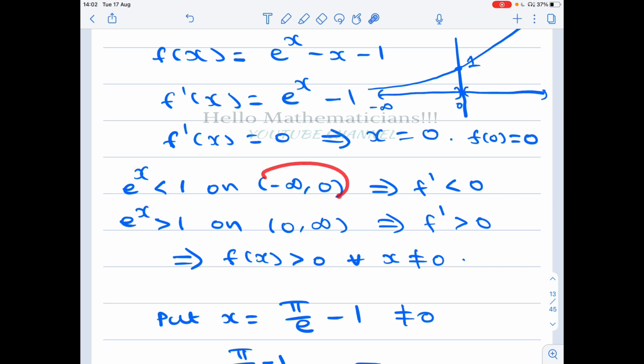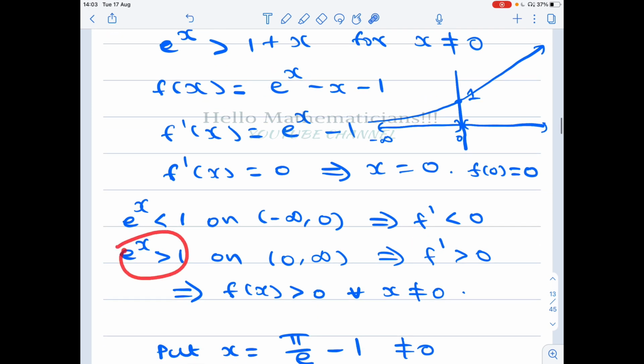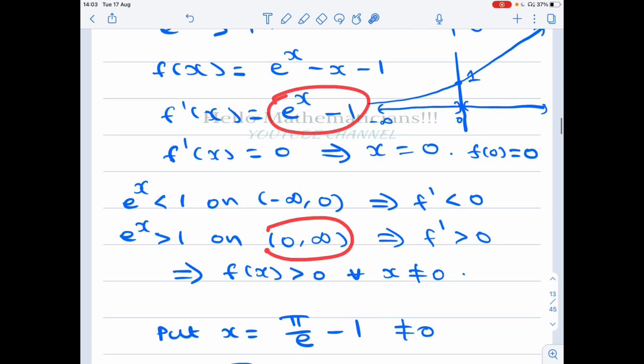Therefore, in this interval, the derivative is less than 0, so the function is decreasing. And e power x is strictly greater than 1 on open 0 comma infinity, therefore the derivative is positive, which means the function is increasing. Increasing here, decreasing there, and at 0 it is 0.